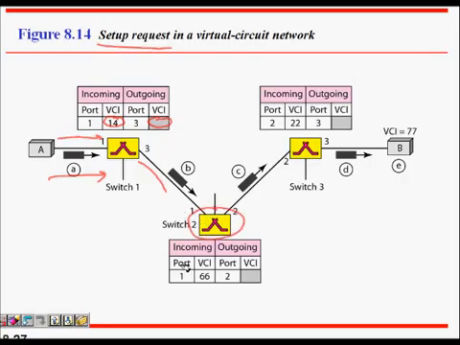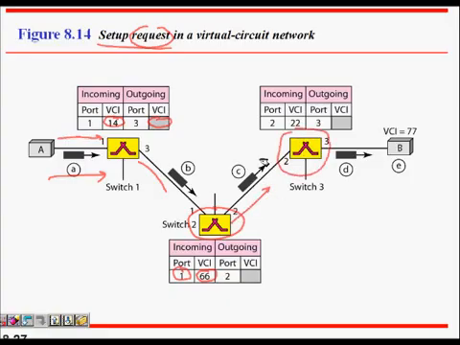So a packet comes here, to this one at port 1. Now it sees that it's a setup request, so it puts a virtual circuit identifier 66, and based on the destination of the packet finds that it has to send it to port 2.